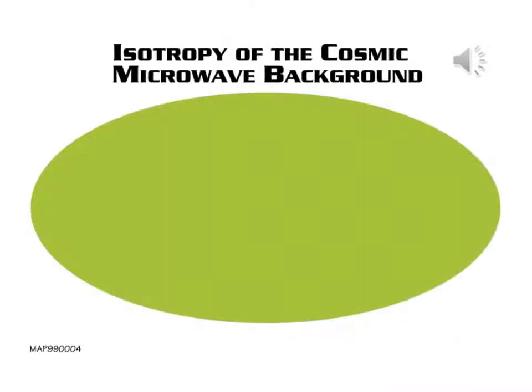To first order, to first degree, this is incredibly uniform. In every direction Penzias and Wilson looked, they found the same amount of radiation coming from that echo of the time when the universe was hot and dense.